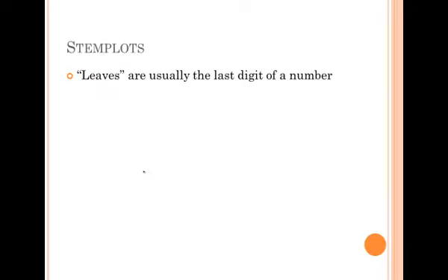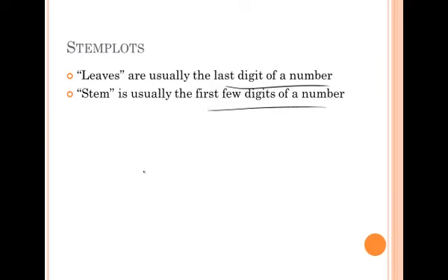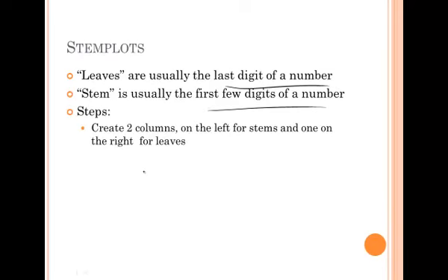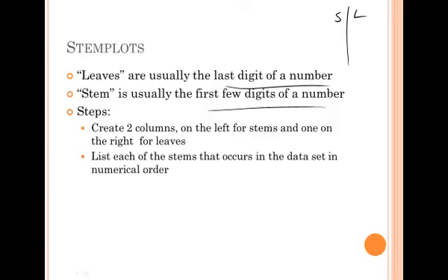So the leaves are usually the last digit of a number, even if it's a decimal, and the stem is usually the first few digits of a number. So we're going to create 2 columns, one on the left for stem, one on the right for leaf, so stem and leaf. List each of the stems that occur in the data set in numerical order. So if there's 0, 1, 2, 3, and 4, we do that in order. And we list each leaf next to its stem. So 0, 0, 5, 0, 1, 7, 7, and so on.